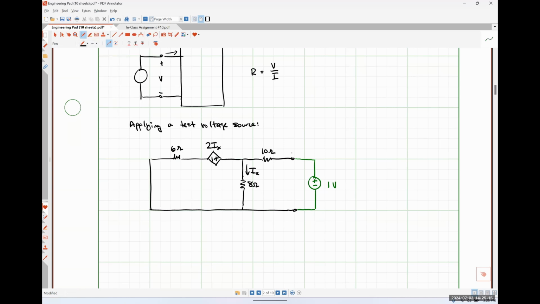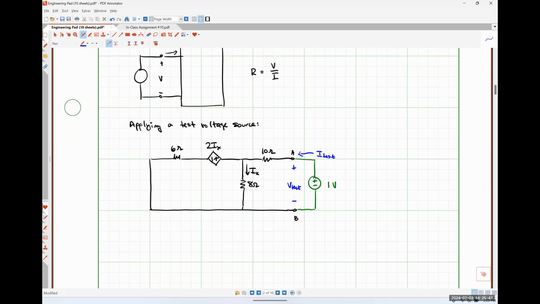Let me label those really quick. And my goal is to figure out the test voltage applied across my terminals and the test current flowing into the terminals of my network. So whenever I apply a test voltage source, then V test is a fixed quantity.